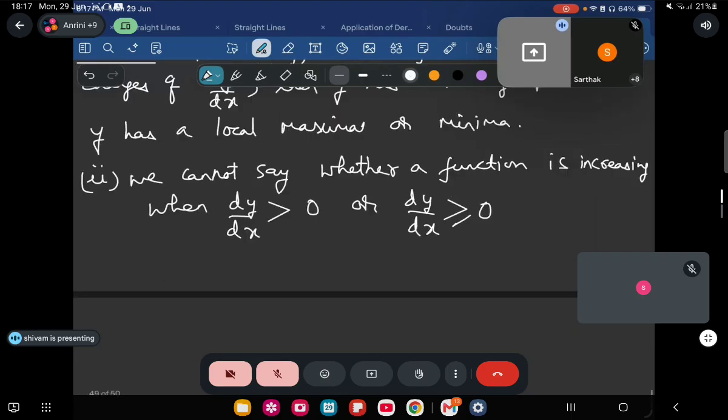Why? For example, you see y is equal to x cube.